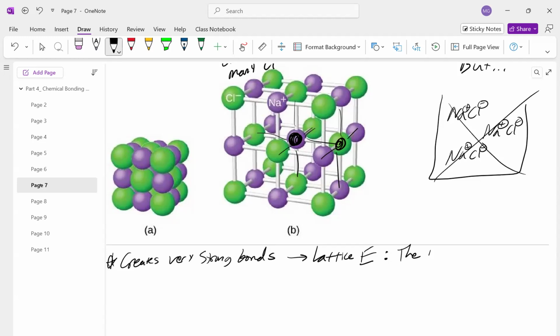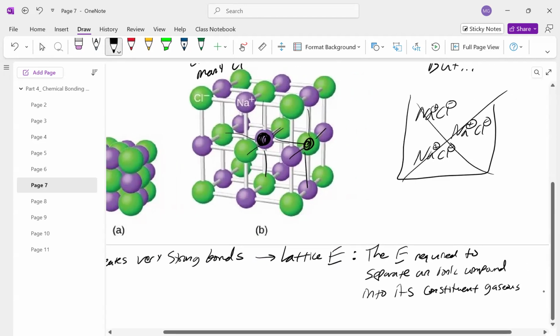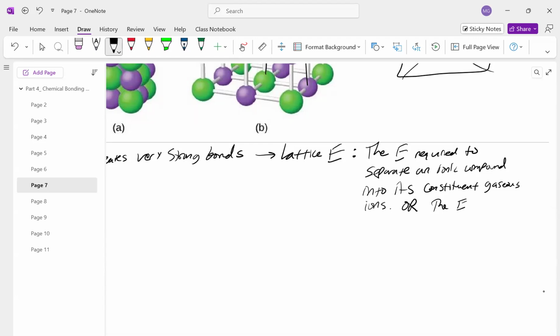You can look at it as either the energy required to separate an ionic compound into its constituent gaseous ions, or you can look at the reverse process: the energy released when ions combine.